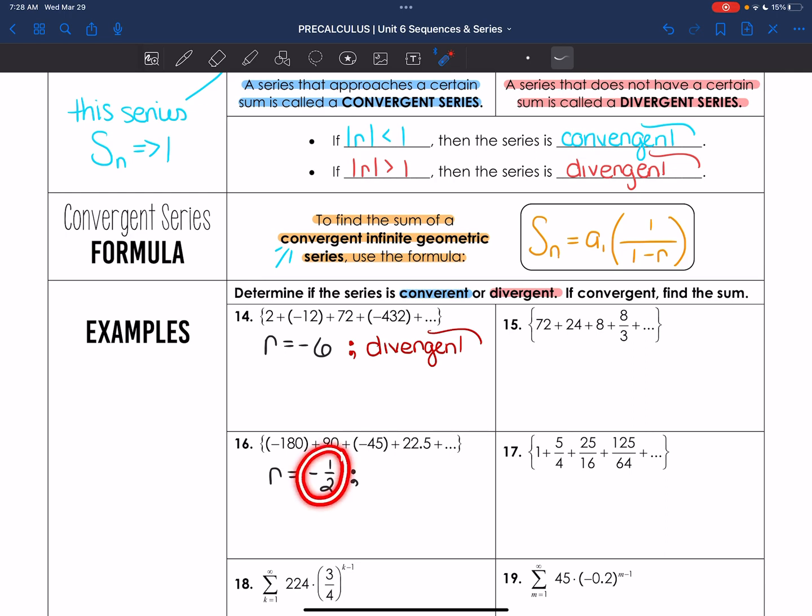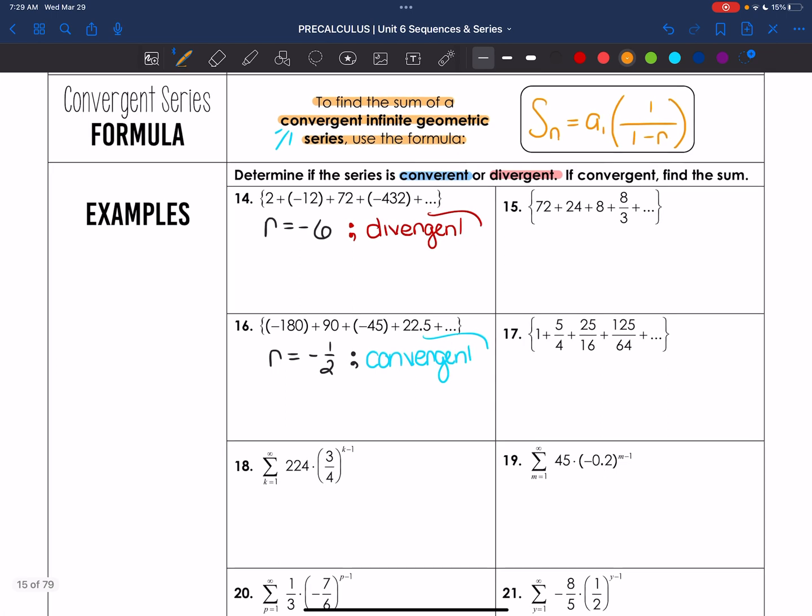Because the absolute value of -1/2 is a value that is less than 1, we will have a convergent series. This will be convergent. And that allows us to go ahead and use our convergent infinite geometric series formula to find the sum for this series.